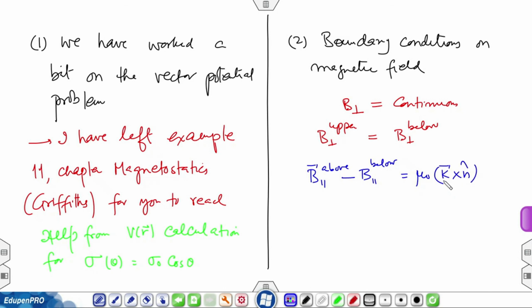N is from below to above. If there is no surface current, then B is continuous. So, B parallel is continuous if there is no surface current.